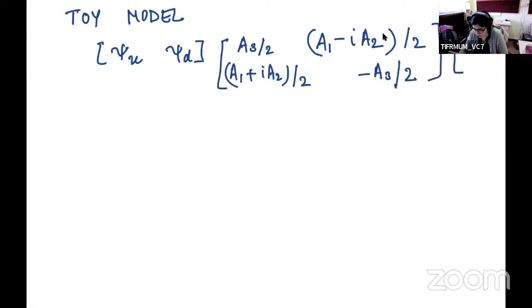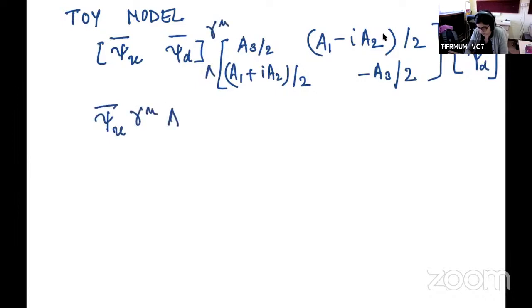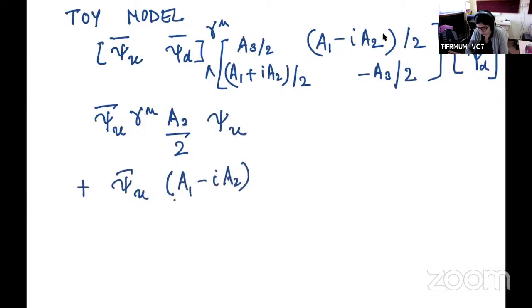Okay. And then you have psi u, psi d. Okay. So what does this give you? There's a bar here, sorry. So you have psi u bar. So there's a gamma mu here, remember? Gamma mu A3 by 2 psi u plus psi u bar A1 minus i A2 by 2 psi d.